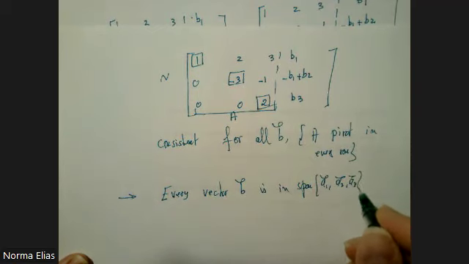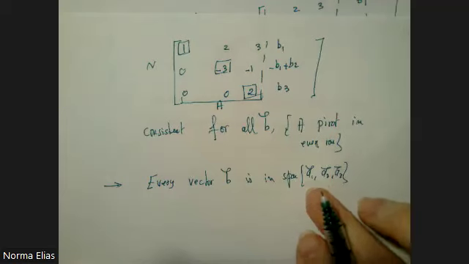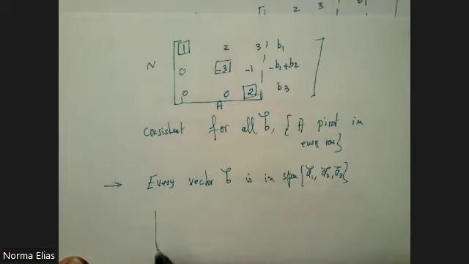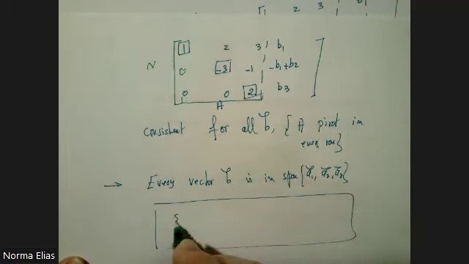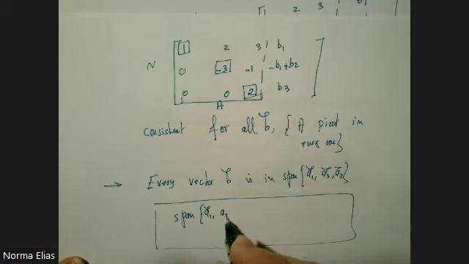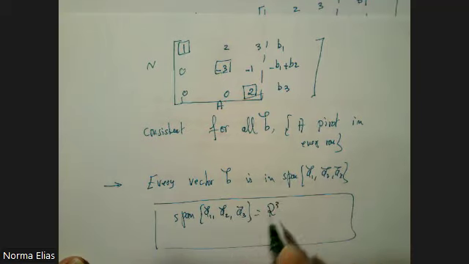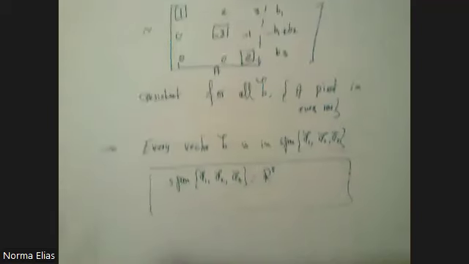It means no matter what I pick for B, I can write it as a combination of the three vectors. So the span is actually equal to R3. It means we can cover the whole space with those linear combinations.